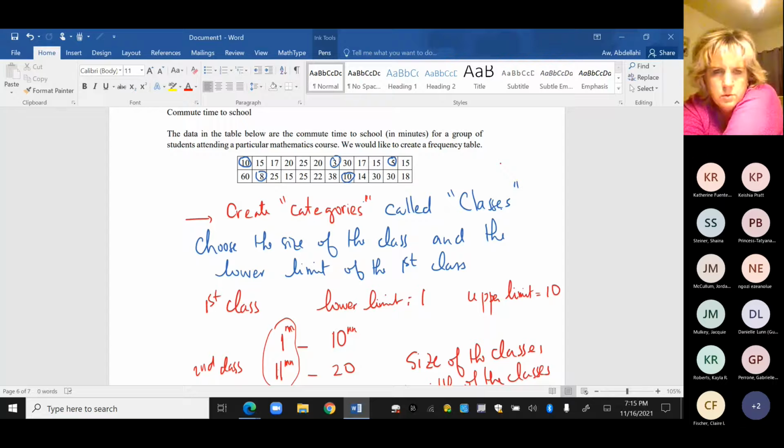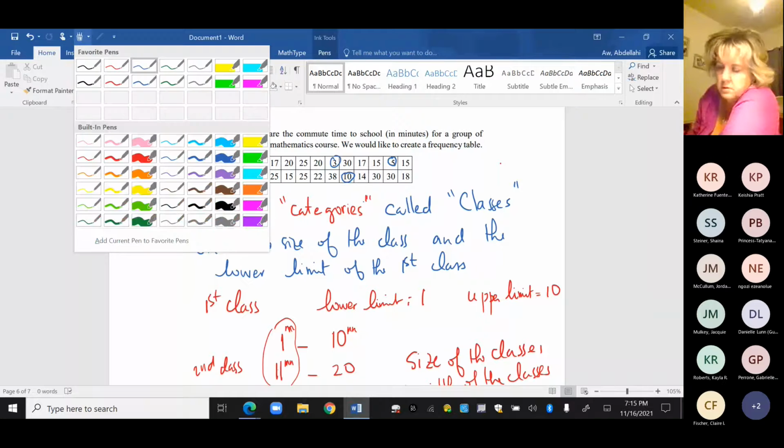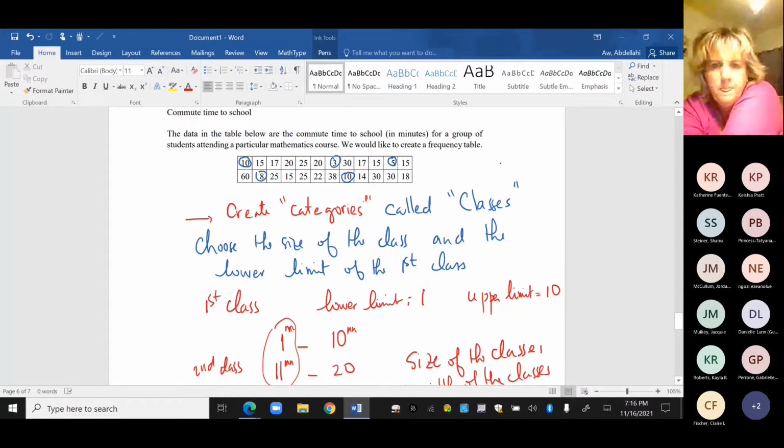All right, so now 11 to 20. Let's circle them with another color. 11 to 20: I have 15, 17, 20, 20, 17, 15, 18, 14.